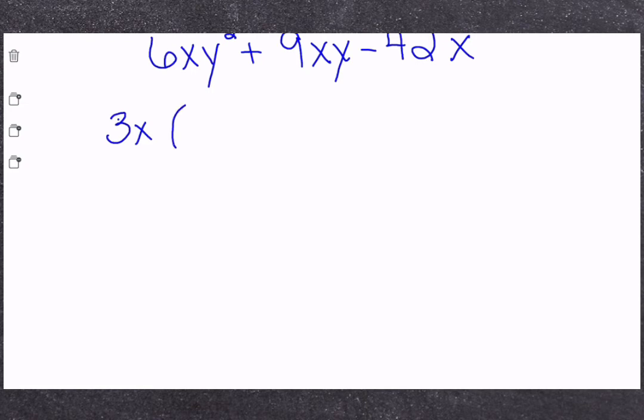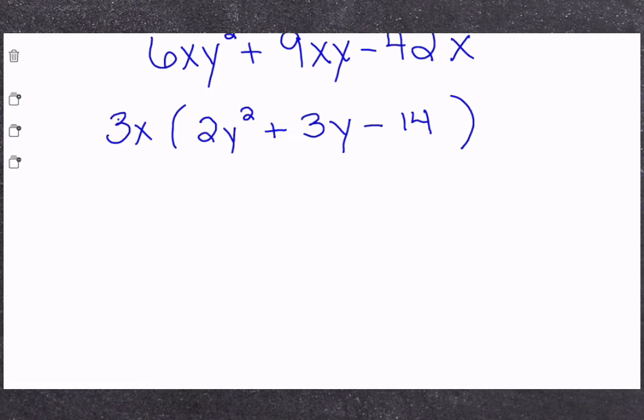What I have left in the parentheses is 2y squared, then I have 3y, and then I have, what is this? 14. Yep. So this is what I have left.